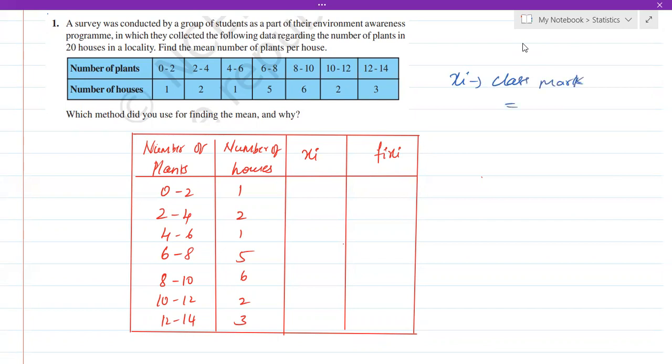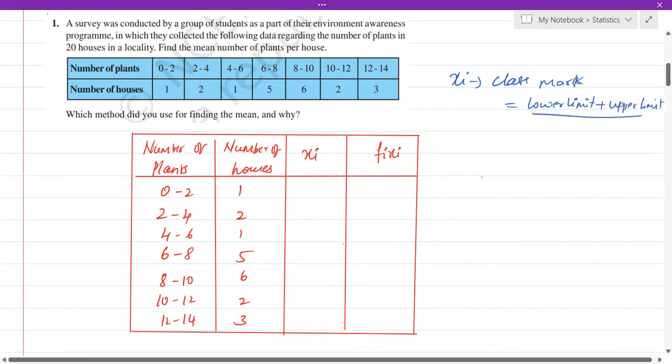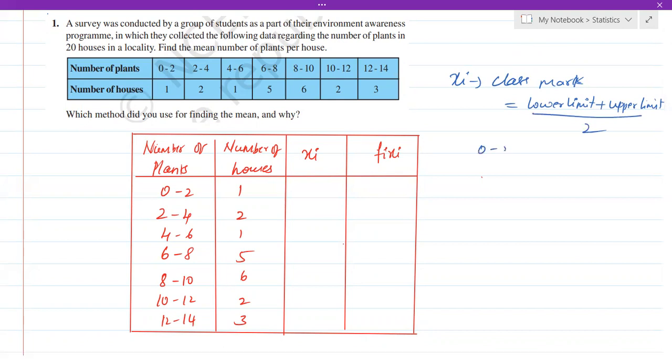It is simply the lower limit plus upper limit divided by 2. That's the formula. Here in the class interval 0 to 2, the first value is known as the lower limit, the next value is known as the upper limit. So it is actually the middle value. Easily you can find it.